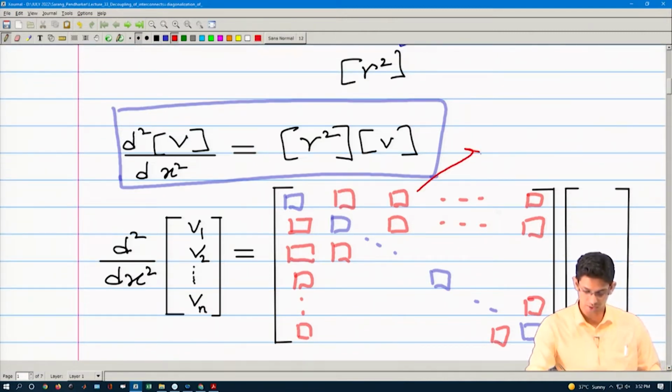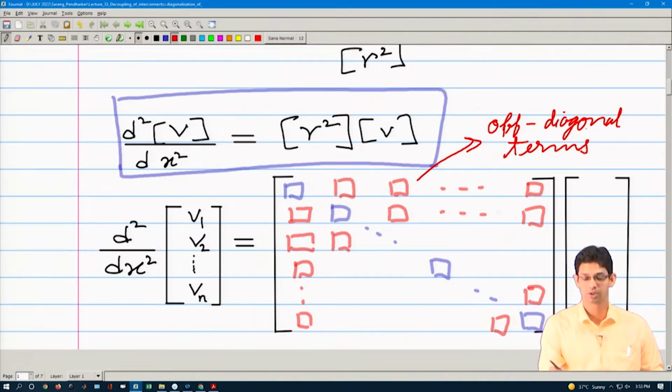These off diagonal terms are responsible for coupling.